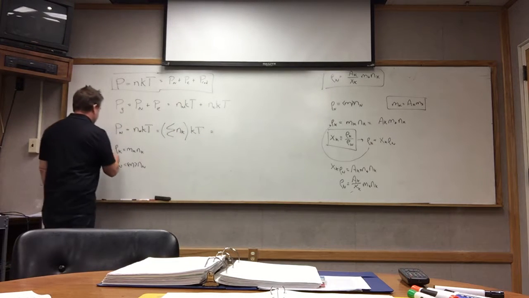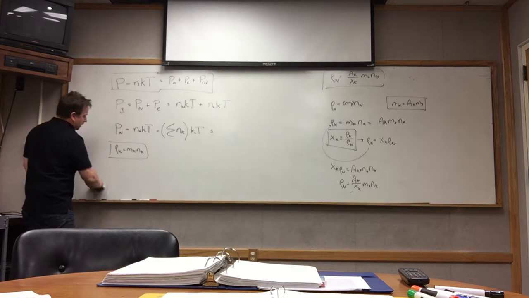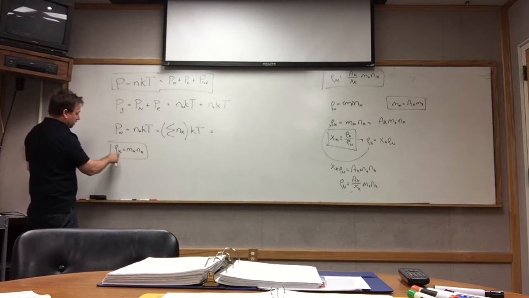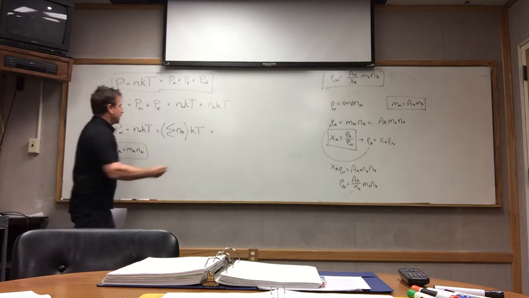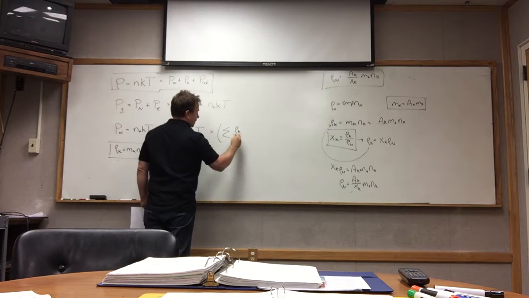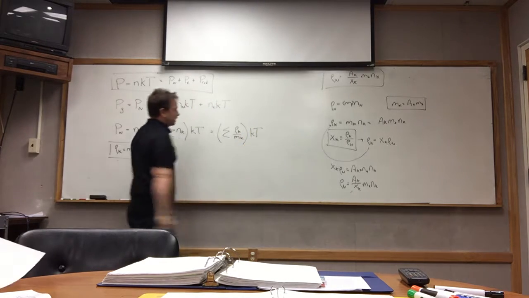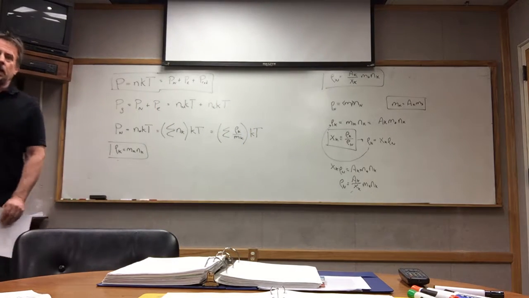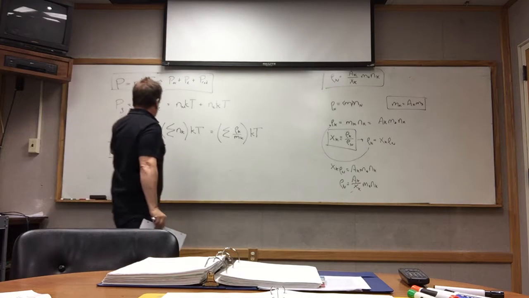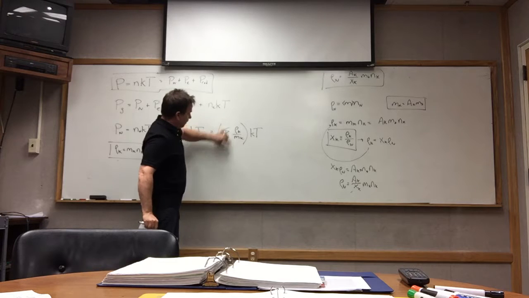But from here, NK is rho k over mk. Okay, so how do you get the total pressure of the nuclei from this?